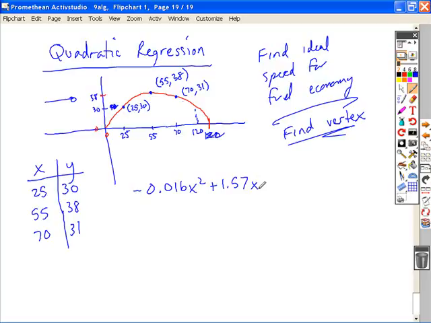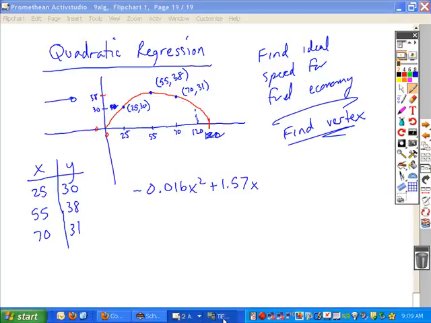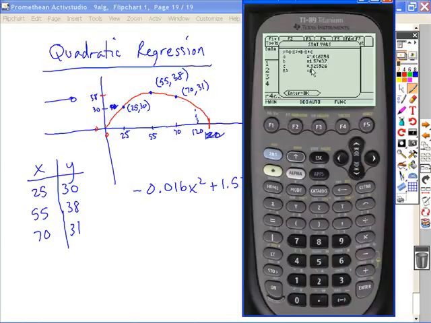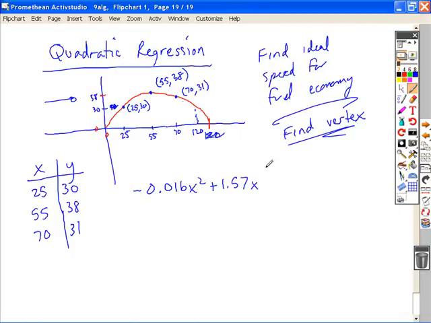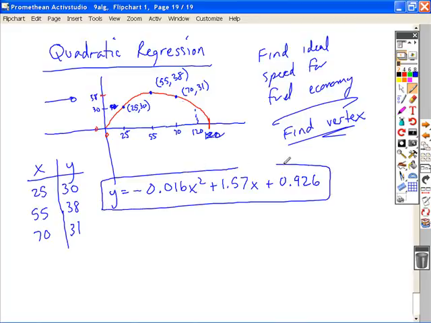Again, this fits our standard form of ax squared plus bx plus c. And then finally, our constant, our c value is 0.926 approximately. So plus 0.926. So here is our equation that models the fuel efficiency based on these readings.